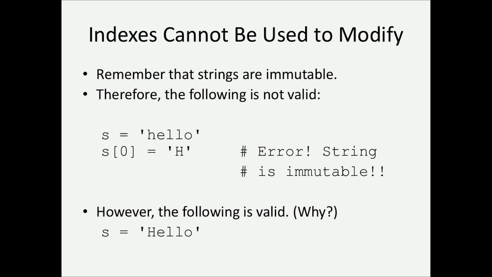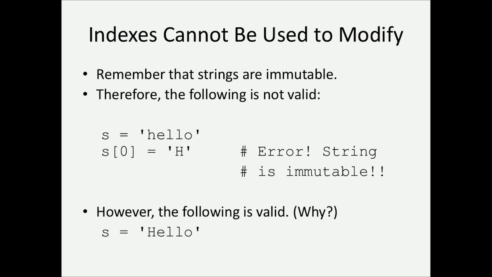But once again, we're going to run into the fact that strings are immutable. Immutable means unchangeable. So if I use indexes to try to modify a string, what is Python going to do? Once again, I say s equals "hello." This time it was a lowercase h, and I want to substitute an uppercase H. That's a very common operation. So I go ahead and try it.